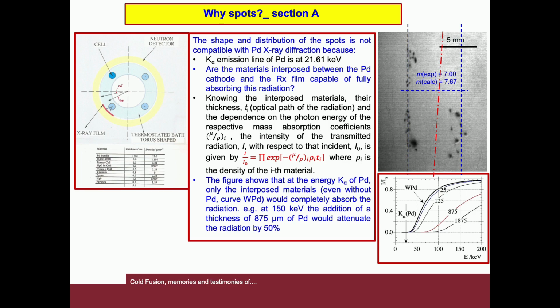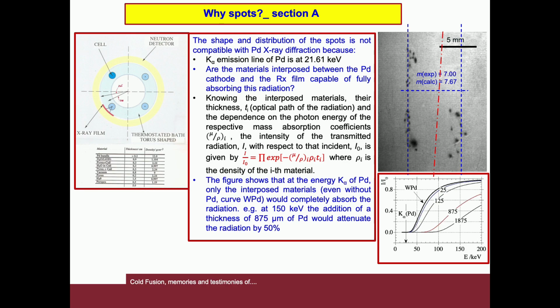The figure shows that at the K threshold energy of palladium, only the interposed material, even without palladium, would completely absorb the radiation. In fact, we see that at 21.61 keV on the YPD curve, the transmitted intensity is 0.